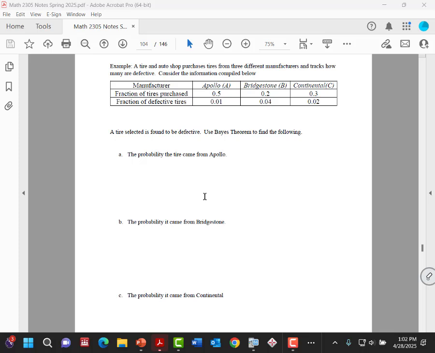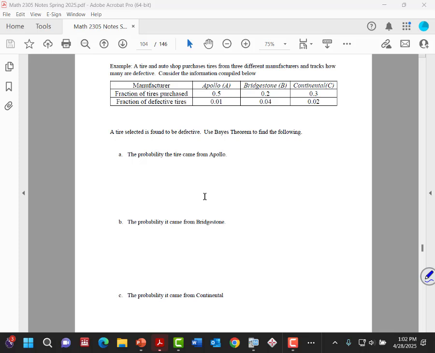So, I have some tires that come from manufacturer A, some tires come from manufacturer B, and some come from C. In essence, 0.5 is the fraction that come from A. So 50% come from A, 20% come from B, and 30% come from C.